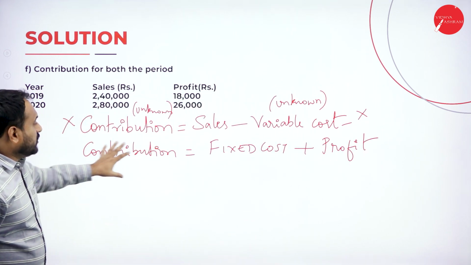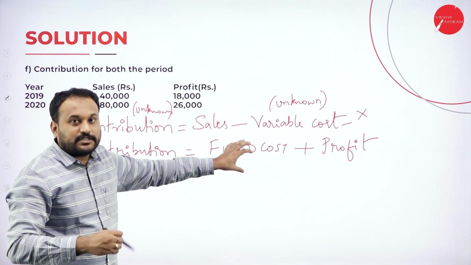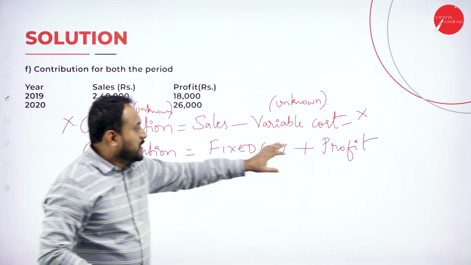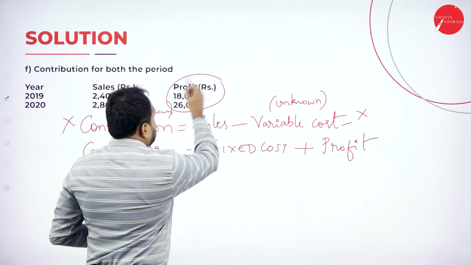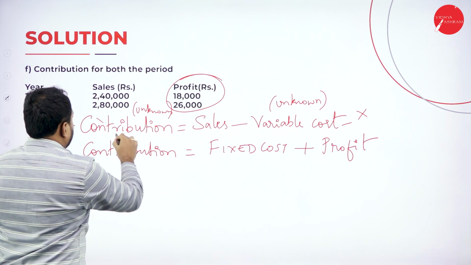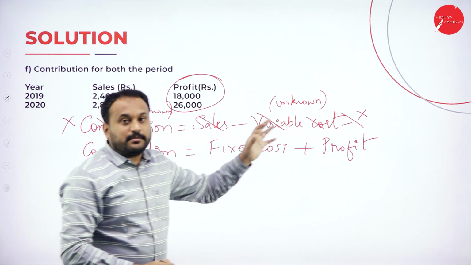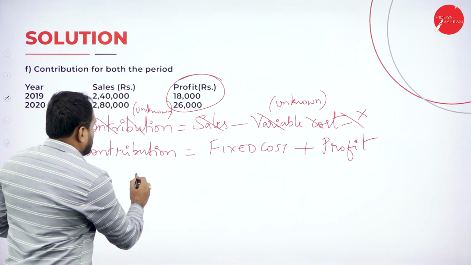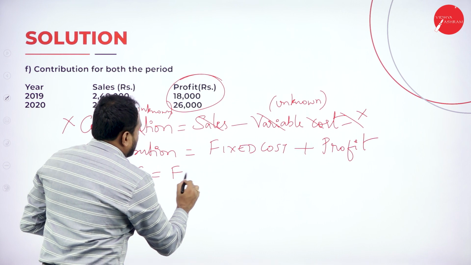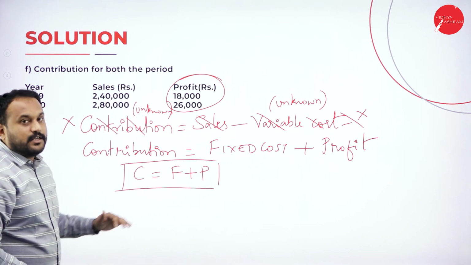Here contribution is unknown, but fixed cost we know because we have calculated it here, and profit they have given. That means we will not take this formula. We'll take it if variable cost would have been given. Now we'll take this formula. Contribution is equal to F plus P. This is the formula which we will use.